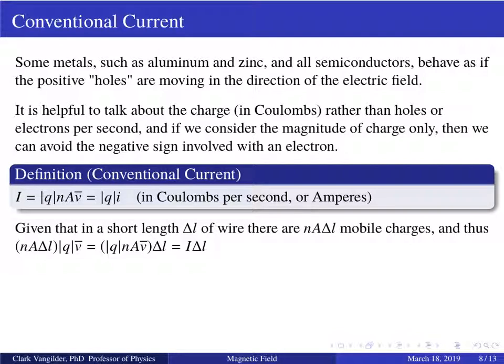Now here, in a short length delta L of wire, there would be in a delta L. So we just did this once, so let's not pretend that it's perfectly clear. N was the density number of mobile electrons. It's going to change for each material. This right here is just a volume term, area times length, the volume term.